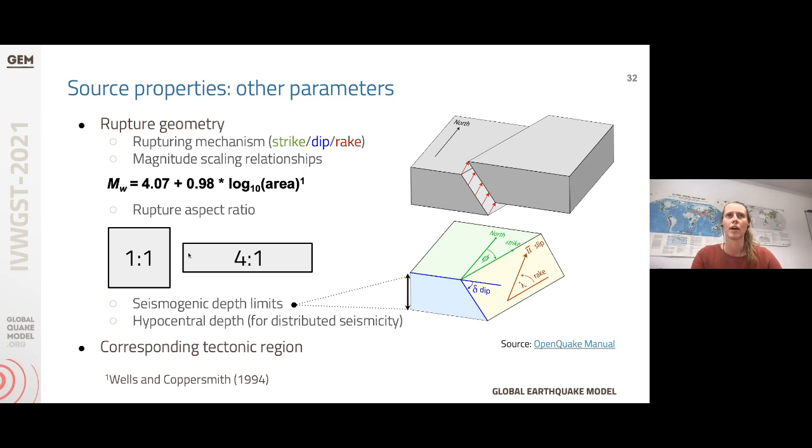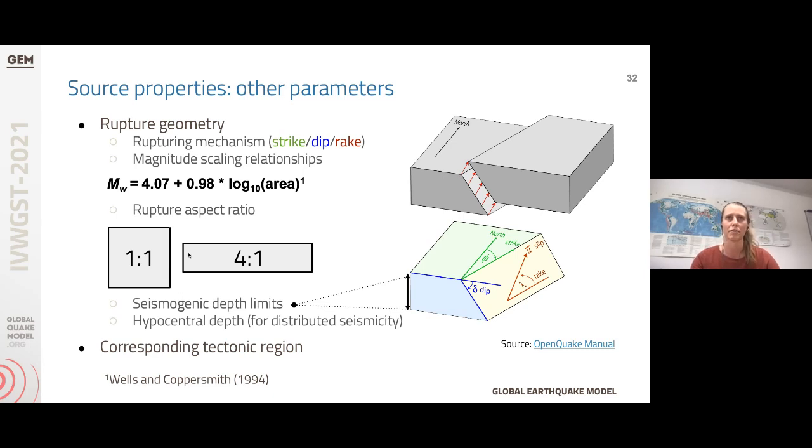There's also a magnitude scaling relationship that shows the correlation between rupture dimensions, such as area or length, and the magnitude. So in short, the larger the fault, the larger the earthquake that can be permitted. And so these are used to construct the area of the rupture that's produced.